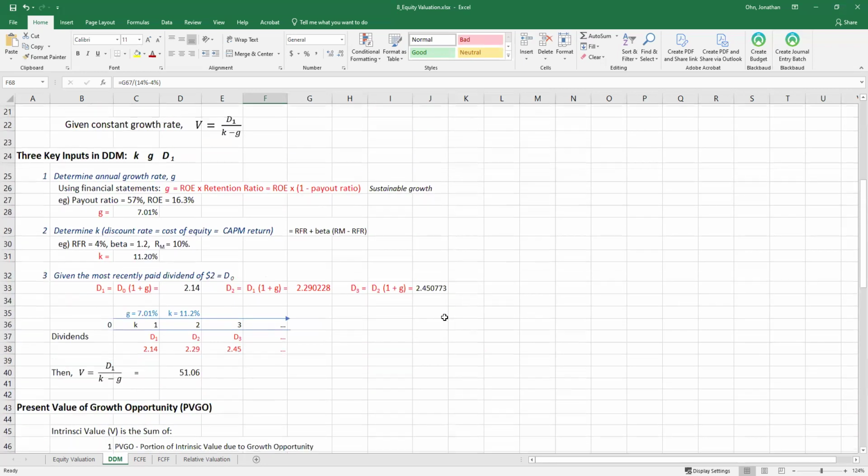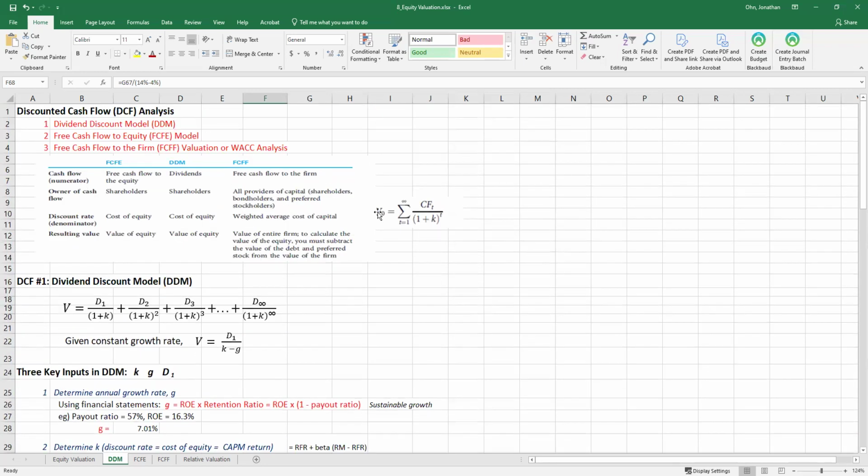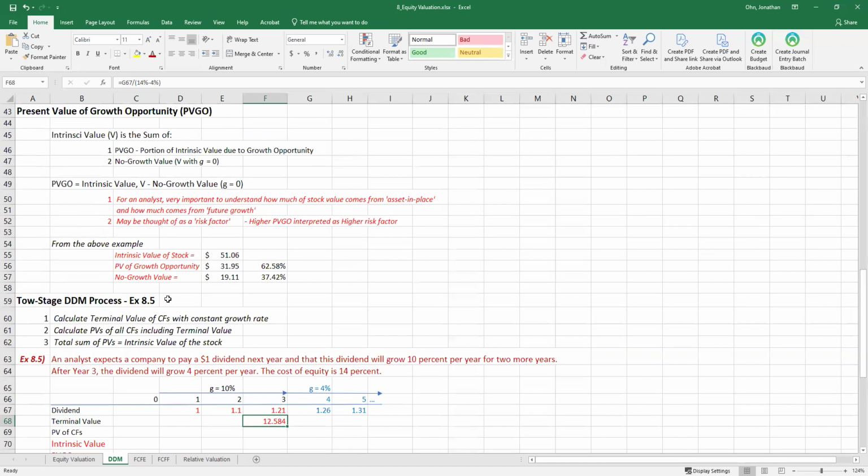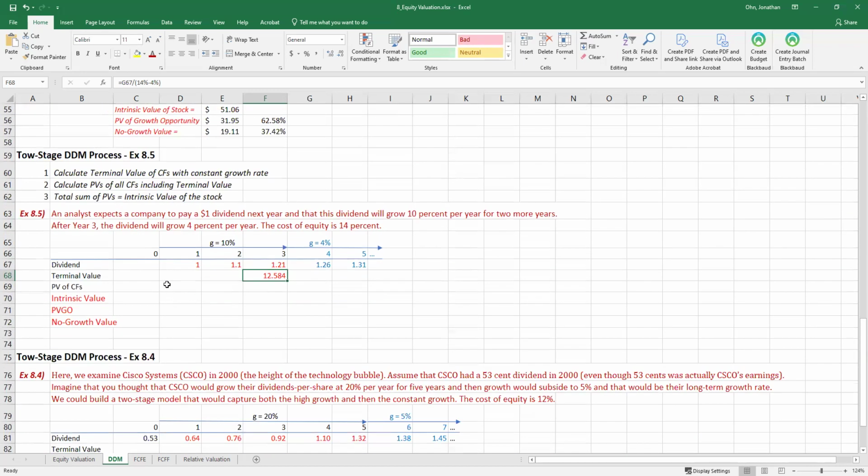Now, as I said, the value is the sum of all discounted cash flows, or the discounted value of future cash flows. So let's calculate the present value. Present value is this one divided by 1 plus the cost of equity, 14%, to the 1.